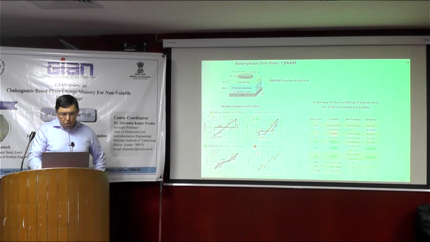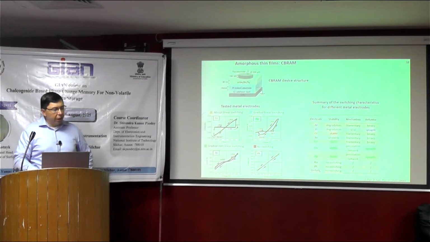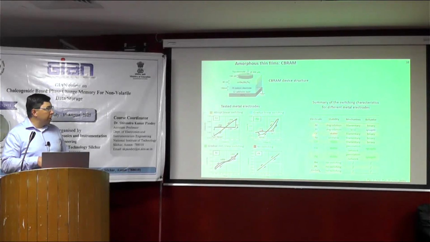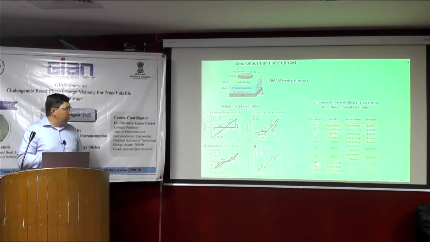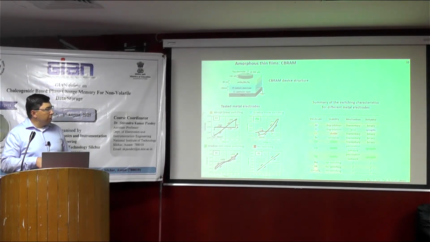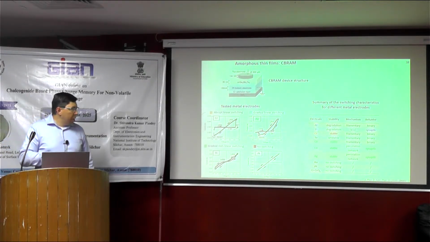In our research, we also tested some different electrodes for GST. We used these electrodes: aluminum, titanium, chromium, tantalum, cobalt, copper, silver, gold, and platinum. Depending on the electrodes, the inert electrodes do not show the switching.